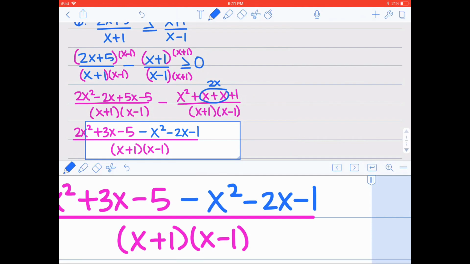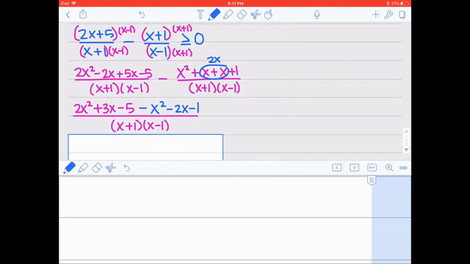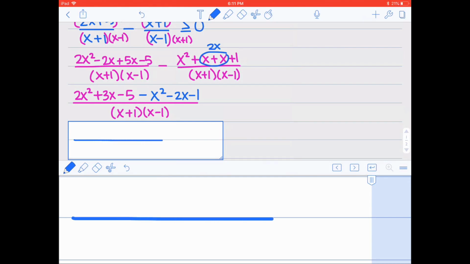Again, it would be good for you to be doing the steps on your own paper and following along rather than just copying, to make sure that you understand what I'm doing. Now I'm going to combine like terms.